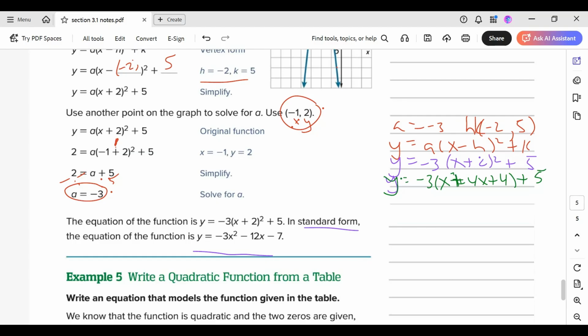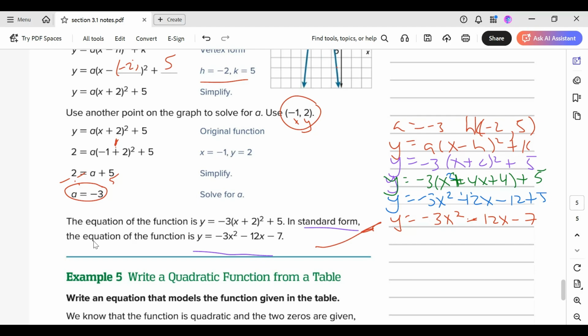They distributed and got y equals -3x squared minus 12x minus 12 plus 5, and then they combined like terms, and that's where they ended up with y equals -3x squared minus 12x minus 7, which is the standard form.